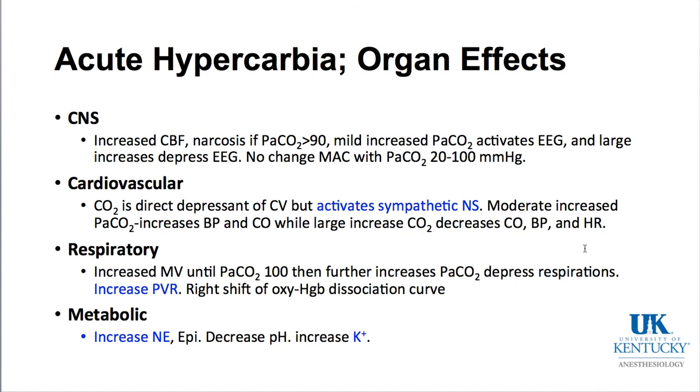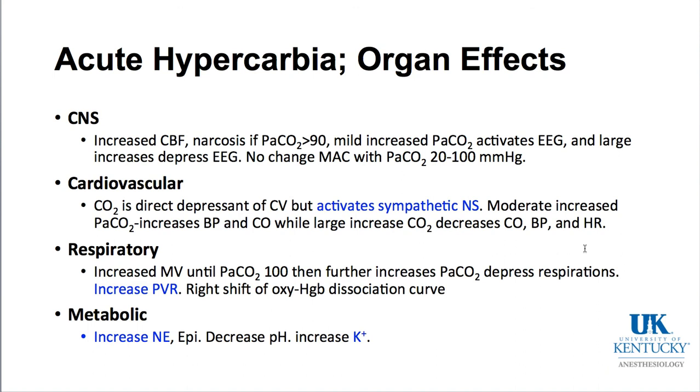Cardiovascular system, as CO2 goes up, it activates the sympathetic nervous system. Catecholamines go up, and initially you'll get an increase in blood pressure and cardiac output, but if you get very massive hypercarbia, the end result can be just the opposite, a decrease in cardiac output, blood pressure, and heart rate. But initially, hypertension and tachycardia with elevations in CO2. In the respiratory system, the pulmonary vascular resistance goes up.